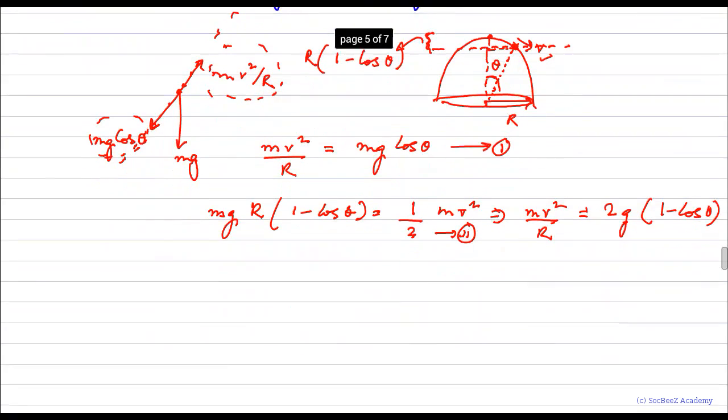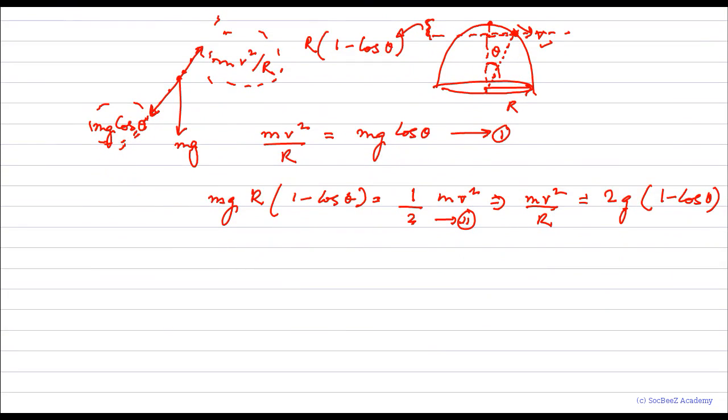So if I replace mv square by r in this expression, basically I have got R in the denominator of RHS.